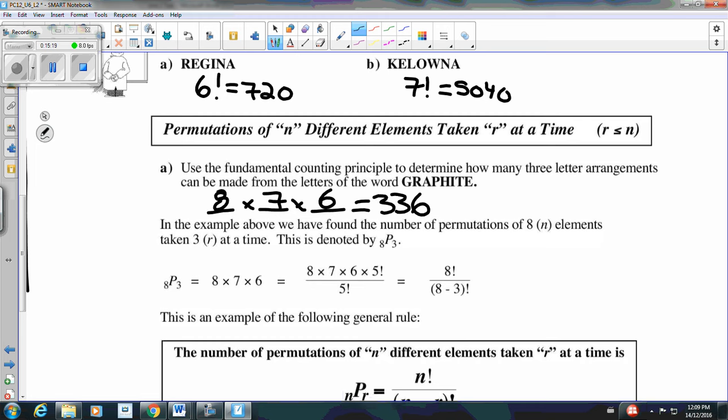In the example above, we have found the number of permutations of n elements taken r at a time. This is denoted by 8P3.